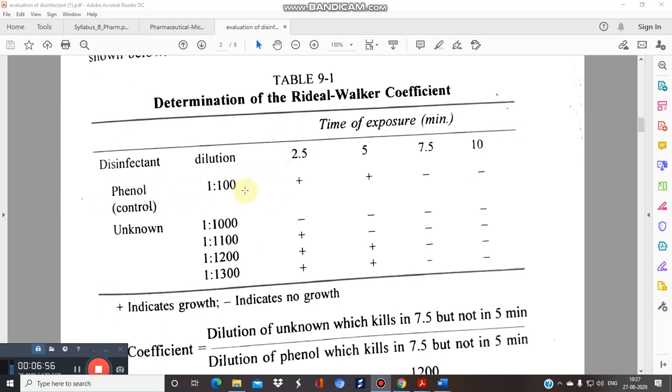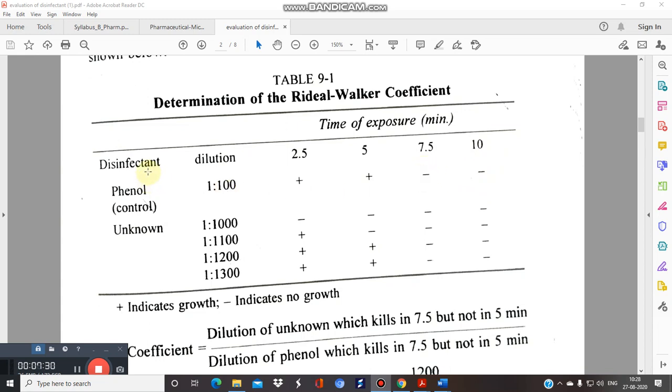When you apply this dilution to your sample containing the microorganism suspension, at 2.5 minutes the bacteria will not die, it will sustain, it will grow. And again after 5 minutes, again no effect on bacteria. But when the time of exposure is 7.5 minutes, the bacteria dies and it indicates no growth. And of course in 10 minutes there will be no growth because the bacteria will die.